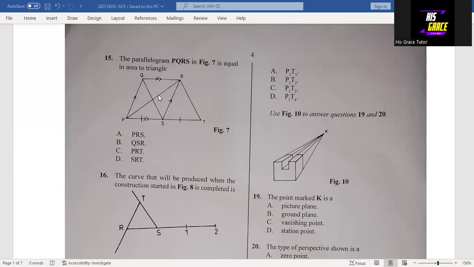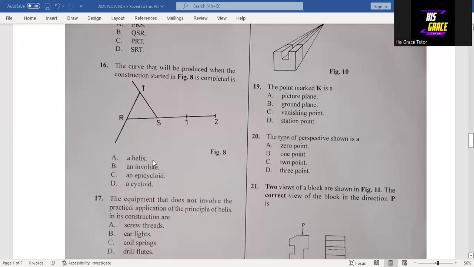When a triangle is on the same base with a given parallelogram, the area of that triangle is half the area of the parallelogram. There is a theorem for that. So for me, this question is not correct, but if I'm to choose, I will choose option A. But I know that the question is not correct because the area of the triangle should be half the area of the parallelogram if they are on the same base. So let's take note of that.